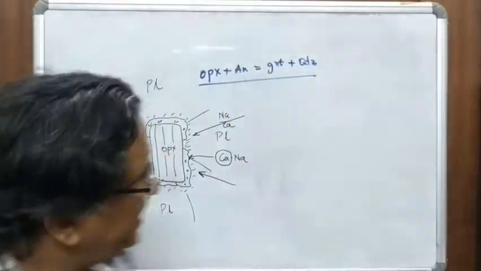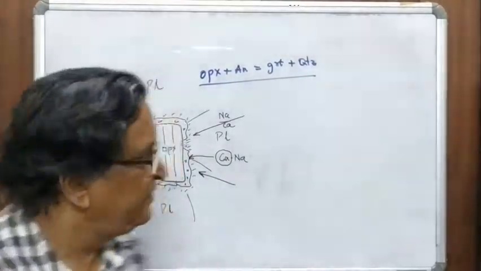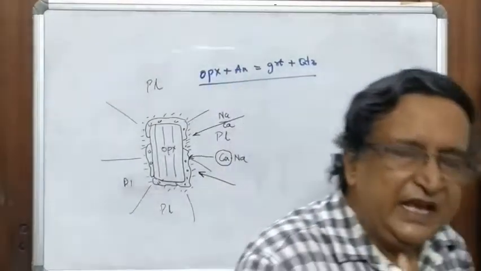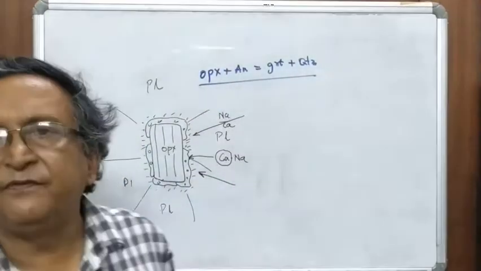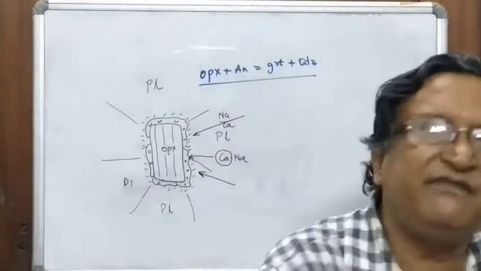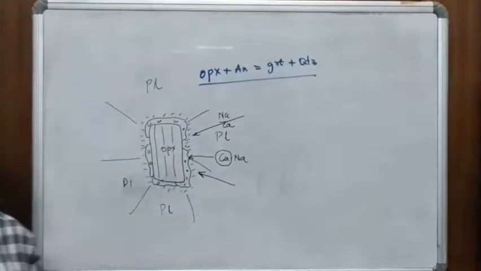So in many outcrops, in many sections, in fact universally, such garnet formation is associated with an increase in the albite content of the plagioclase towards the garnet corona. This is a very common feature observed in all granulite terrains.